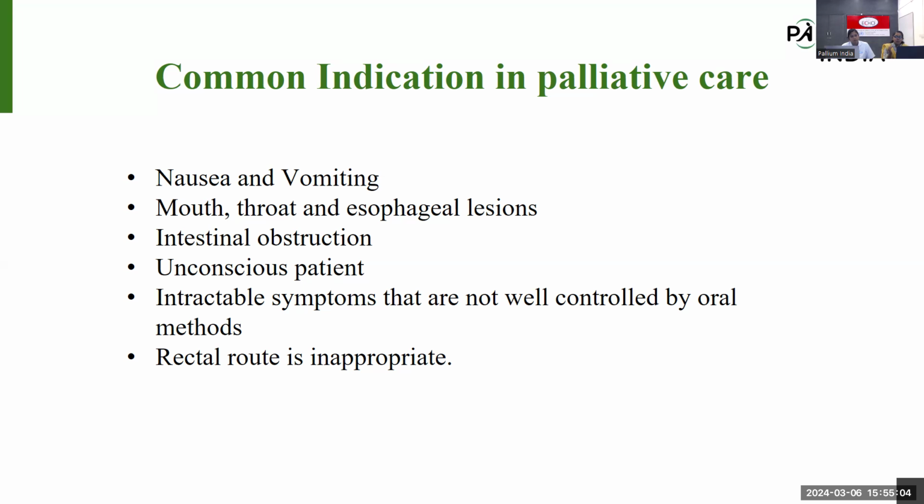So what we do is we give proper instructions and make them understand that this is very, very important, and we put a subcutaneous line and teach them a lot. Our nurses draw up injections into the syringe and teach them how to push injections through this scalp vein site.